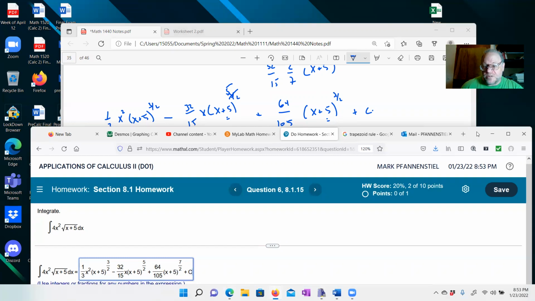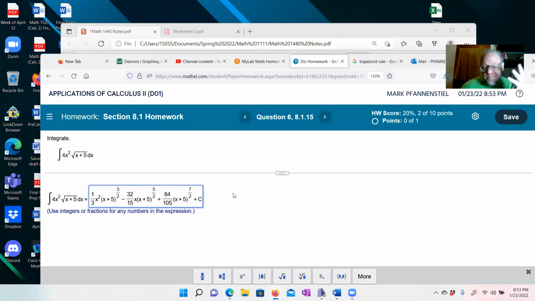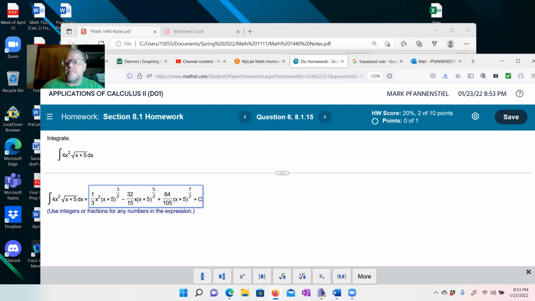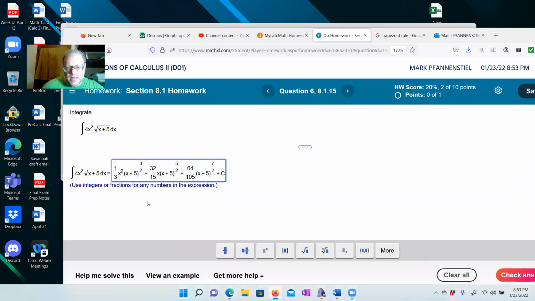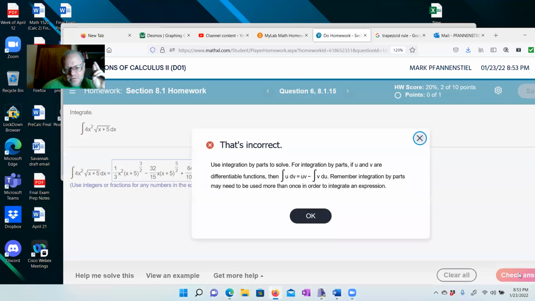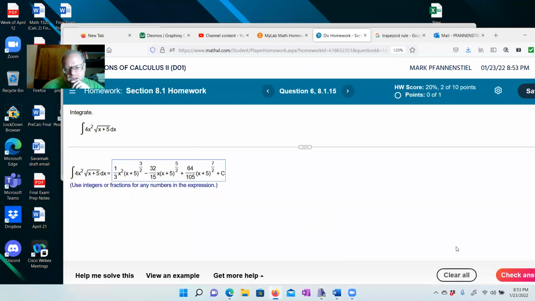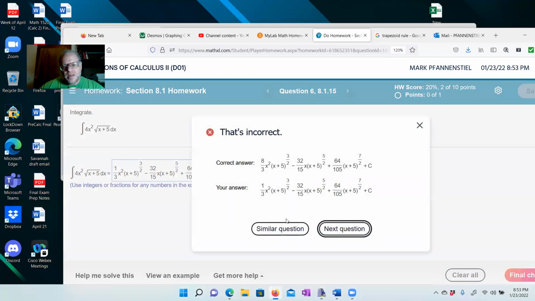Okay, and that is yet another way to do this. Again, my first choice would have been the technique we learned in the previous one, but there we are. Where are we? Okay, so this should be, yeah, we'll just check our answer. Kind of interested in what I did wrong here. Oh, you know what?